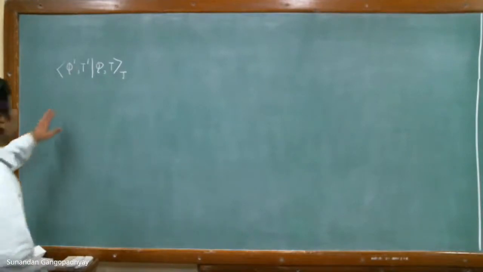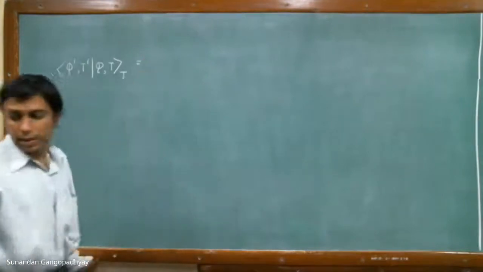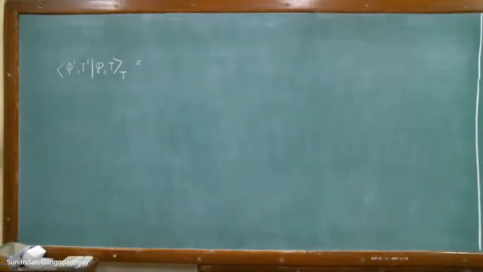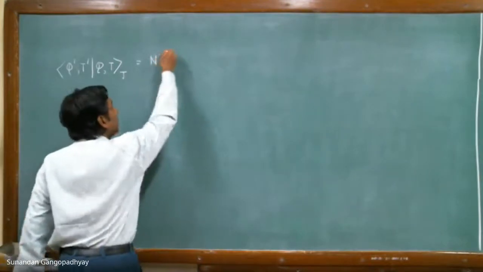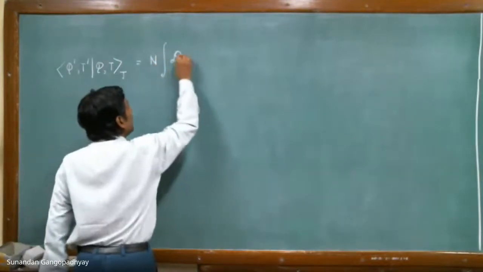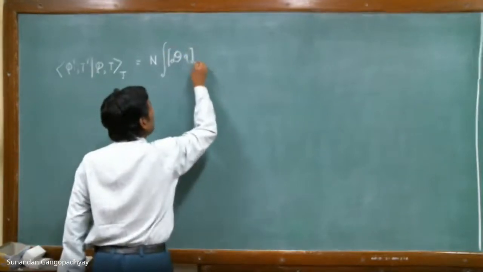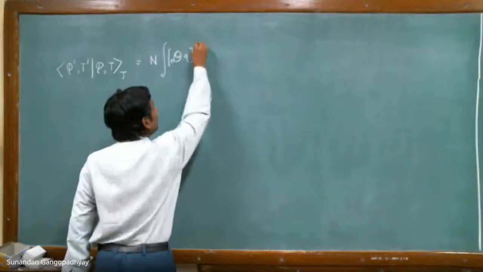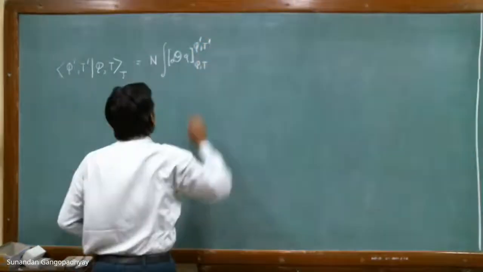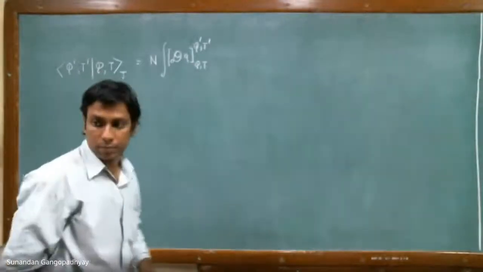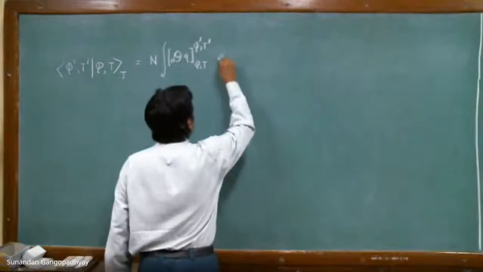We have an expression for this object, and that is given by, apart from some normalization factor, which I just keep as n, this dq from p to p prime, and then we have e to the power of.